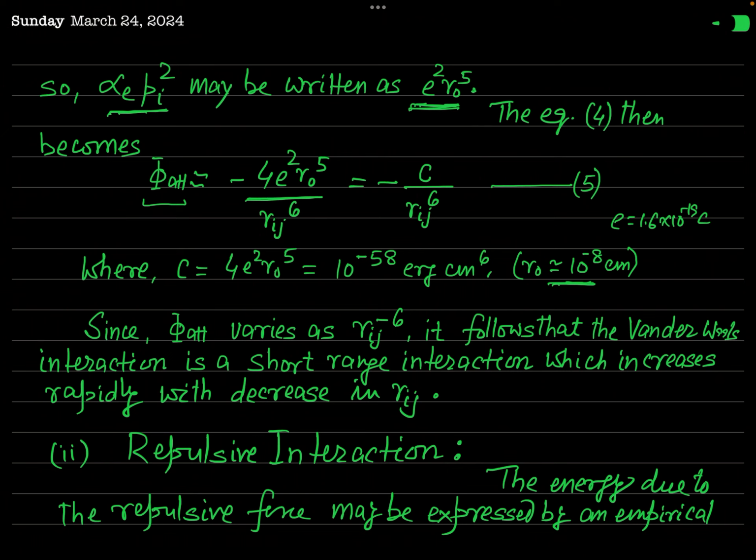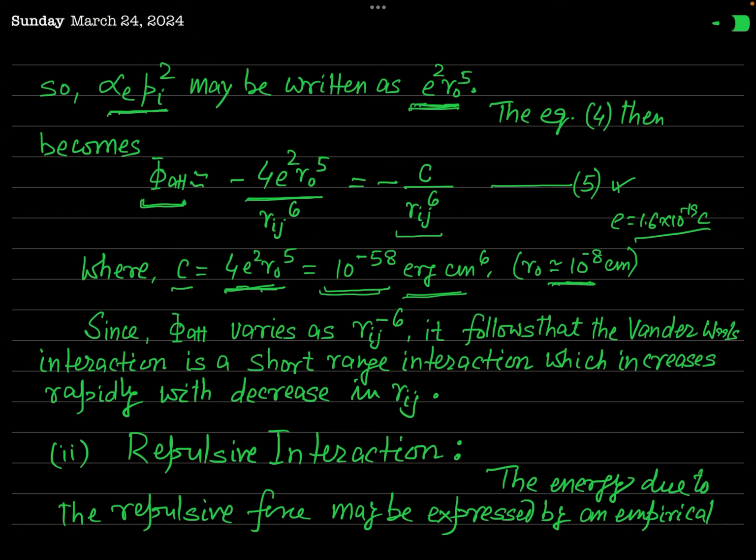When we change this coulomb into CGS units and put the values of e square and r0 to the power 5, we get that 4 times e square r0 to the power 5 is almost equal to 10 to the power minus 58 erg cm6. We denote this constant by the symbol C. So the expression for phi attraction can be written as minus C over rij to the power 6, where C is almost equal to 10 to the power minus 58 erg cm6.